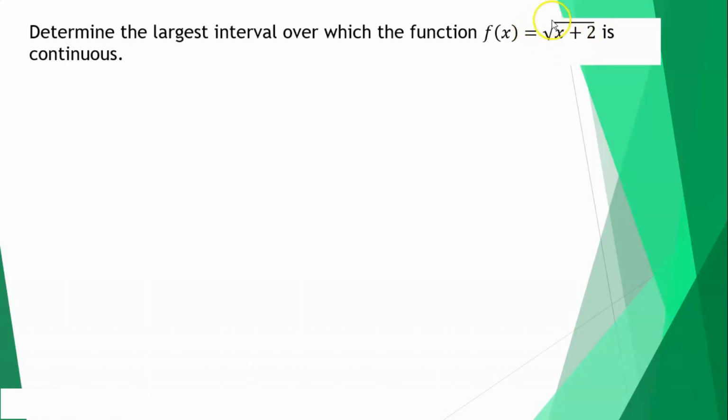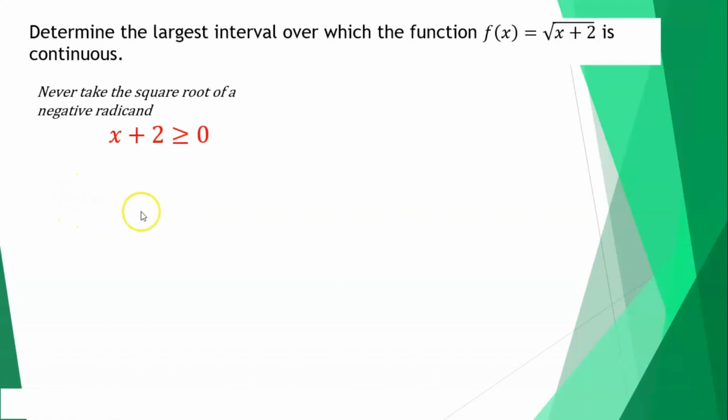Now, take note, this is a square root. Never take the square root of a negative radicand, so that it will never be negative. So therefore, our value here should be greater than or equal to 0. So x plus 2 should be greater than or equal to 0. Simplifying this, our x should be greater than or equal to negative 2.